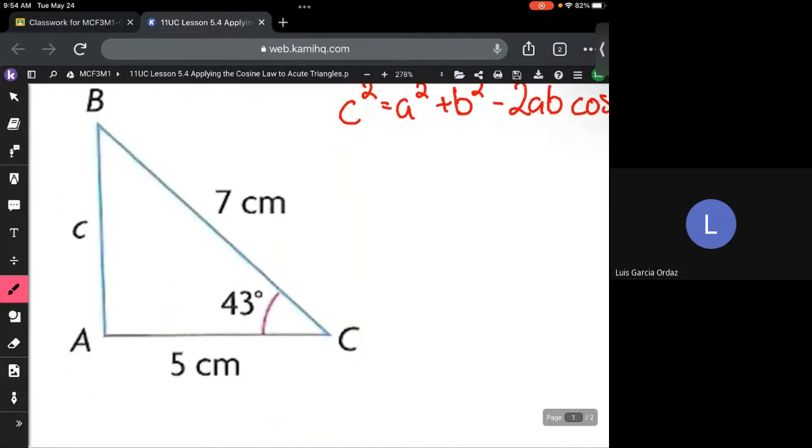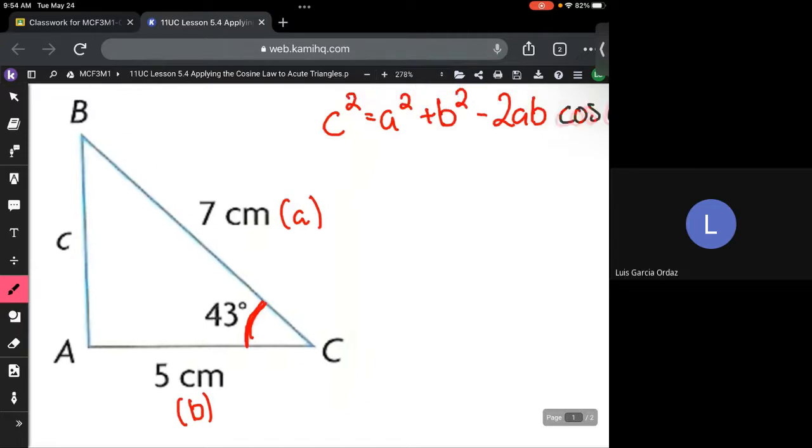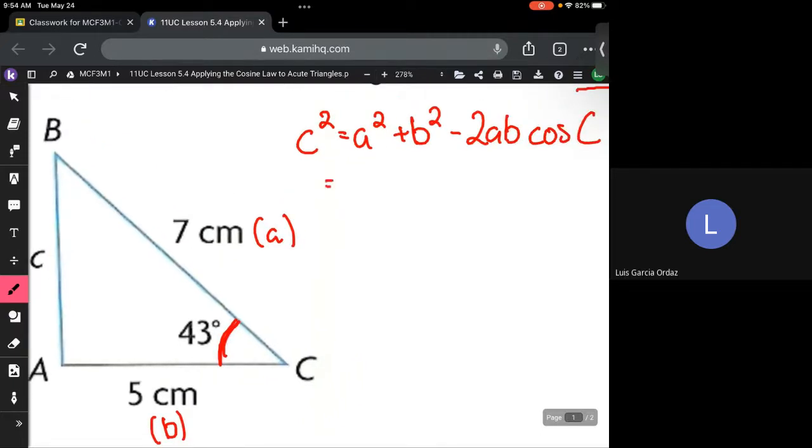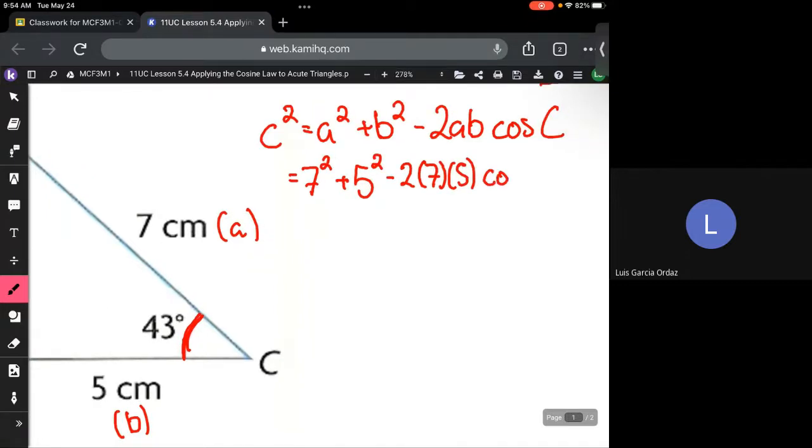So what's A and what's B? Which one is side A? Side A is 7. Which means 5 is side B. And my angle C is 43 degrees. So I'm going to take 7 squared plus 5 squared minus 2 times 5 times 7 times cos of 43.